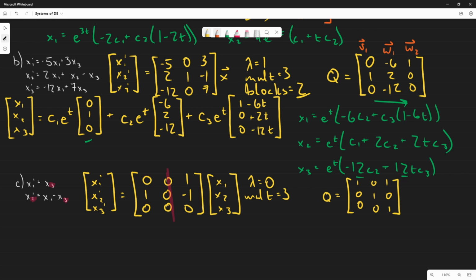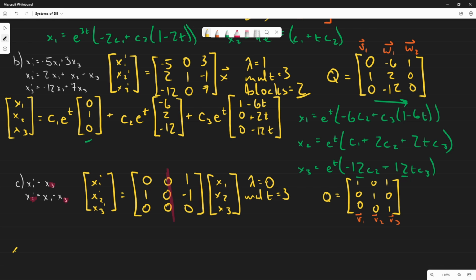Because it's multiplicity of 3, one block, that means there's going to be one ordinary, 2 generalized. So again, this is going to be v1, v2, and then v3, and then v2, v3 all correspond to v1.